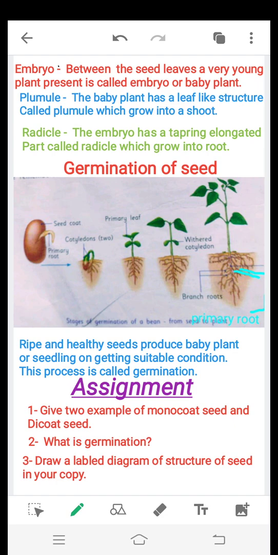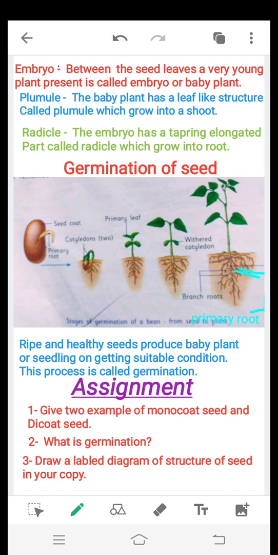The next part of the embryo is the plumule. The baby plant has a leaf-like structure called plumule which grows into a shoot. So a question may arise: which part of the embryo grows into a shoot? What will be your answer? Plumule. Plumule grows into a shoot.